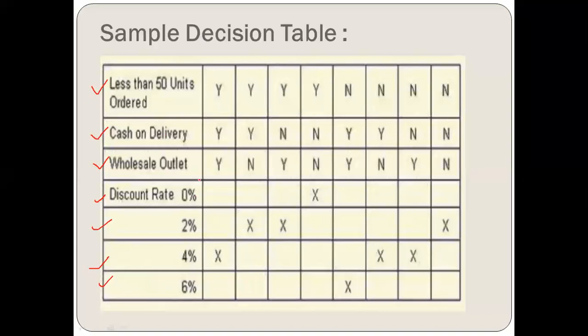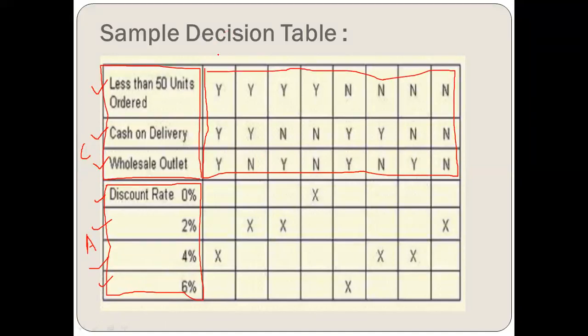Now you can see this particular part is the condition part, and this particular part is the action or effects. This is causes or conditions. This is effects or actions. And these are the condition entries or causes entries.